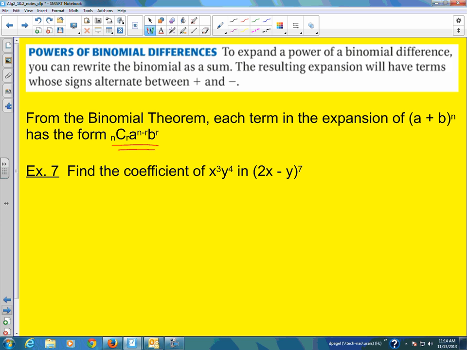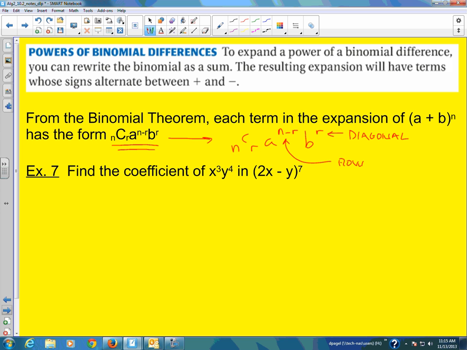So in this case, you have this notation, nCr, a to the n minus r, b to the r. Remember that the r value tells you what diagonal you're in, and the n value tells you what row you are in.